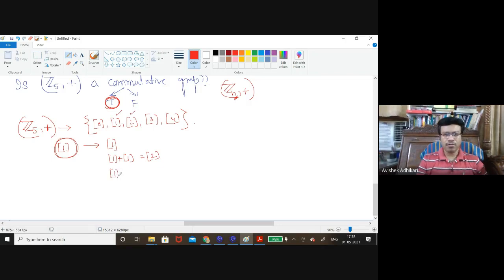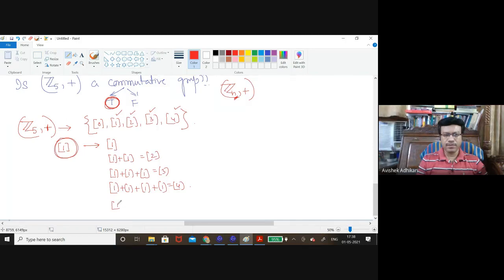If I add 1 plus 1 plus 1, 3 times, I get this element. If I have 1 plus 1 plus 1 plus 1, 4 times, I'll get this element. So who is remaining? 0 is the only element that is left.